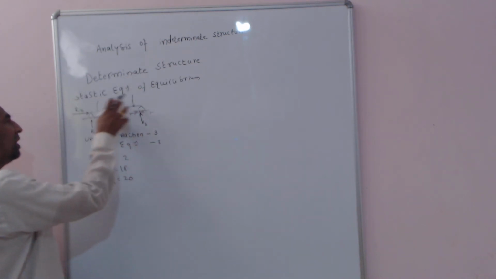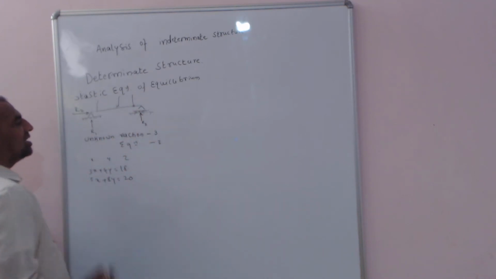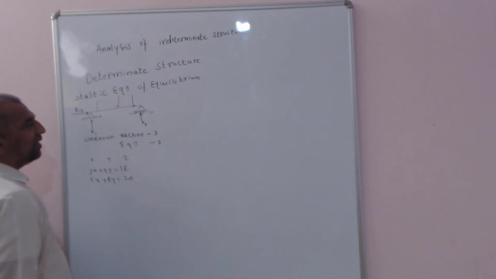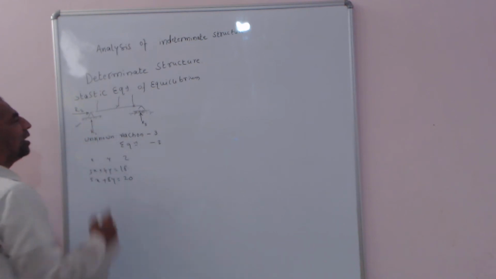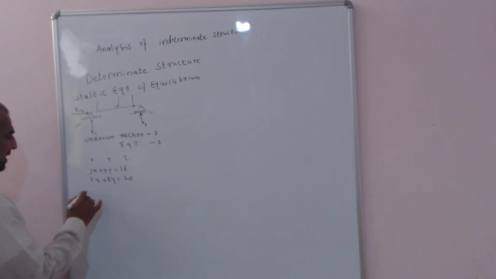You want to calculate the unknown constraints or the reactions. Unknown reactions here are 3, equations are 3. Hence you can get all the unknowns, hence I can call it the determinate structure. You go for one more basic structure, say cantilever beam.